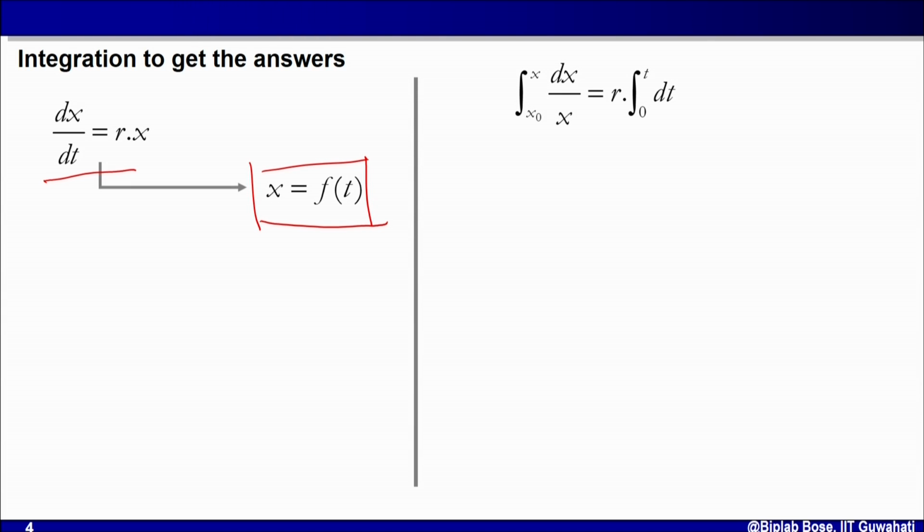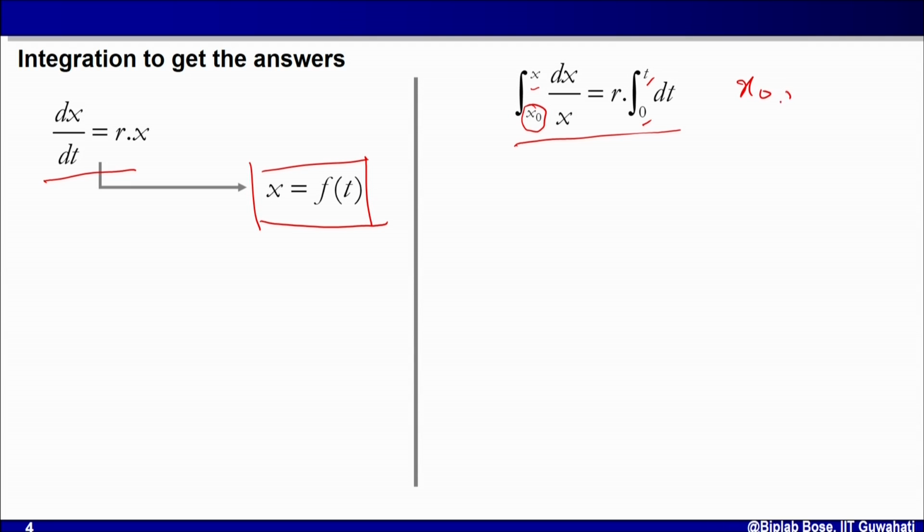We will separate x and time, t. So that's what I have done. I have to integrate dx/x from x naught to x, and integrate time from 0 to t. x naught is the population at t equal to 0.